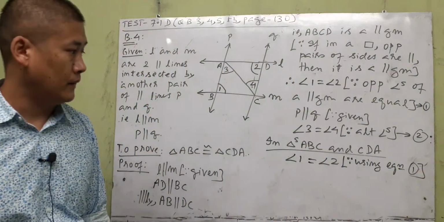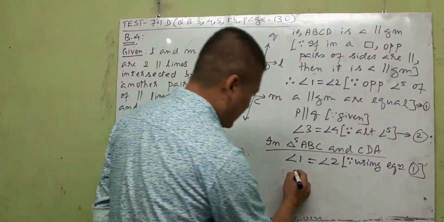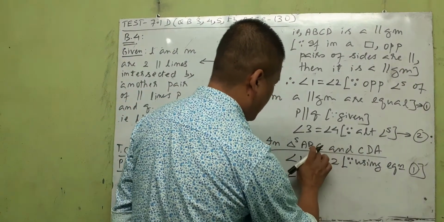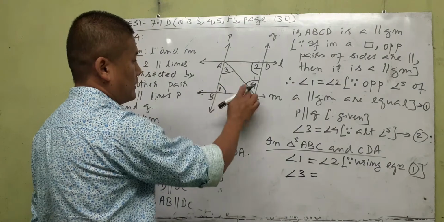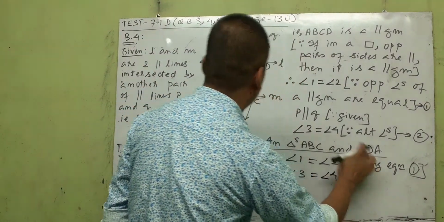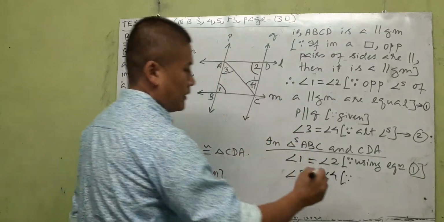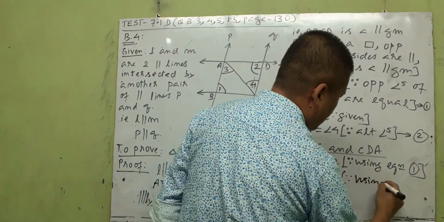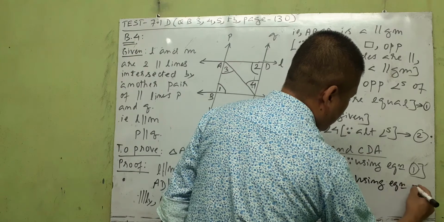And next, angle 3 inside ABC is equal to angle 4 inside triangle CDA, because we get this by using equation number 2.